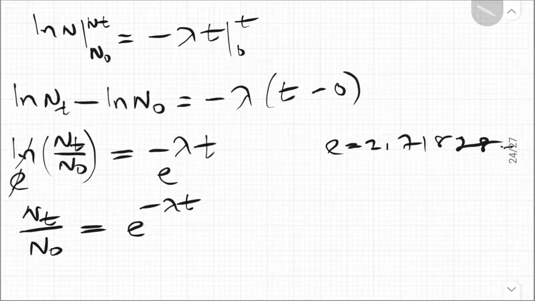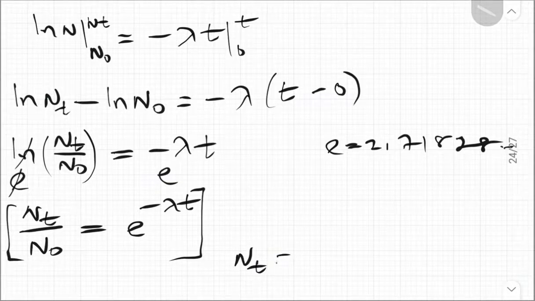Okay. So this is the integrated decay equation, right? We could still write it in this form: Nt equals, if we multiply both sides by N naught, N naught e to the negative lambda t, right?